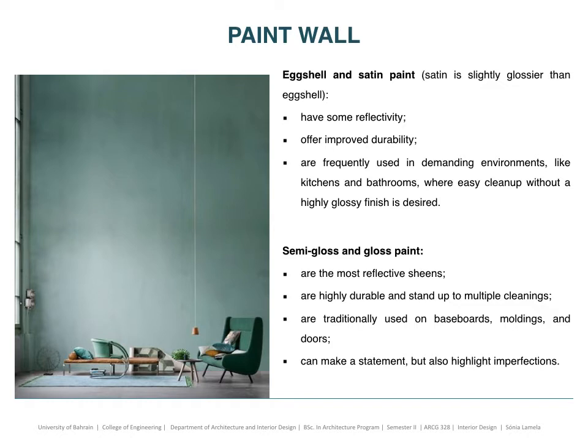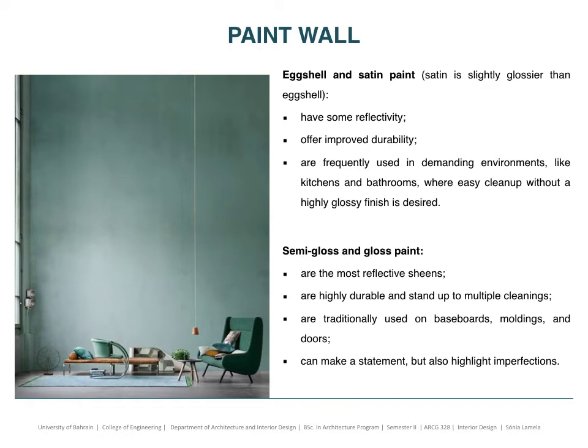They are very durable and can stand up to multiple cleanings. So we can go from the matte to the eggshell and satin paint, and the highest, the most reflective or shiniest, is the semi-gloss, or then the gloss paint.